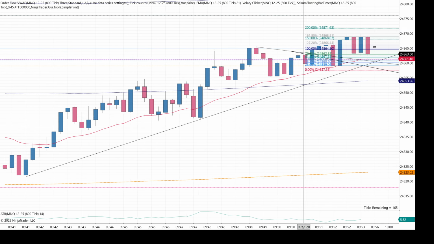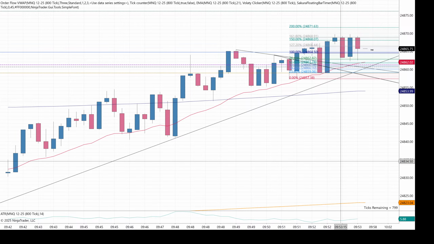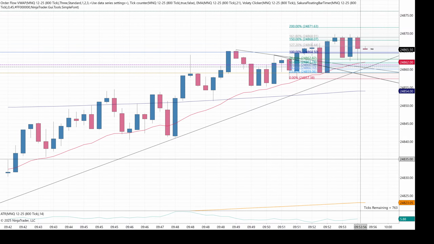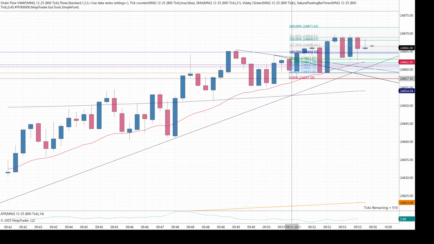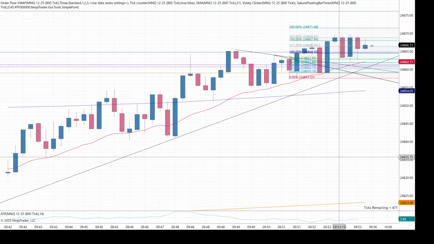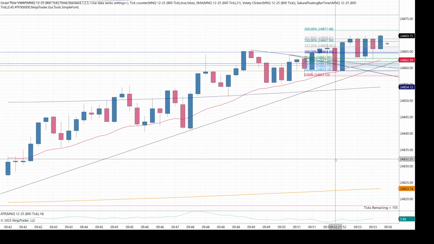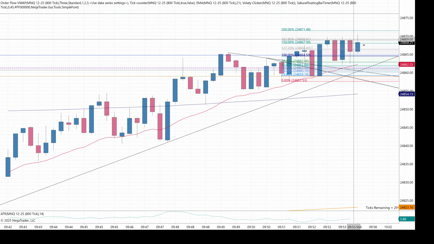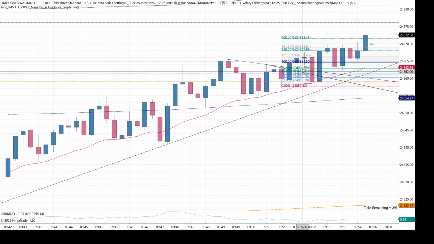A lot of chop here, which I don't really like. Okay, looks like we're on our way to try to hit the target. Also means we move the golden ruler.